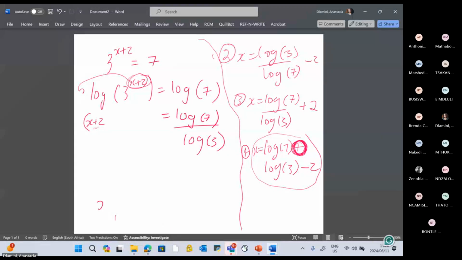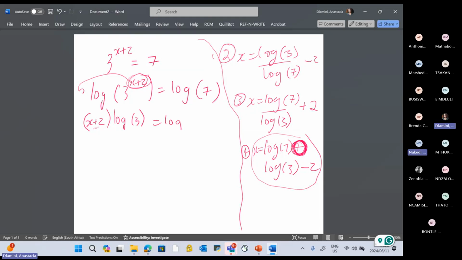Yes. The reason why I didn't multiply, because you can do that. You mean log of 3 like this is equals to log of 7. So you are saying, why didn't I say x log of 3 plus 2 log of 3 is equals to log of 7?